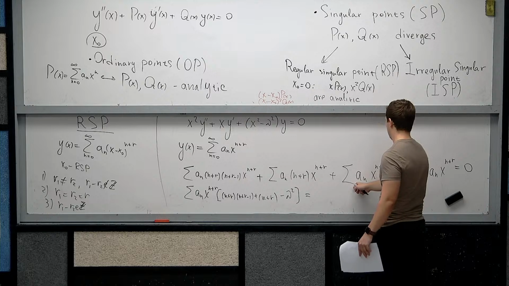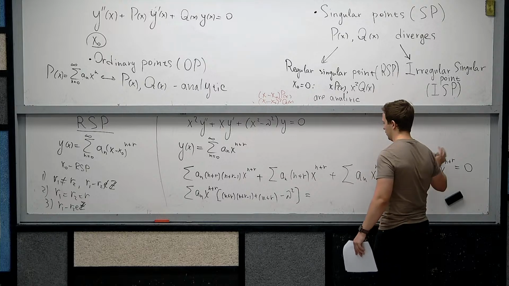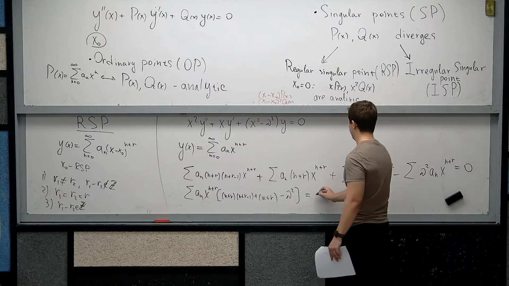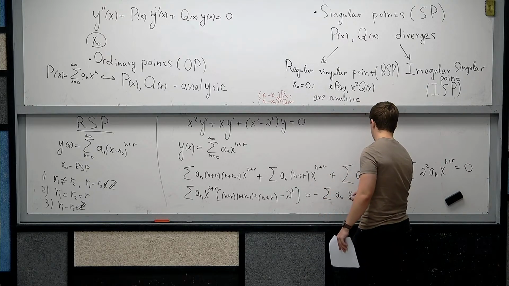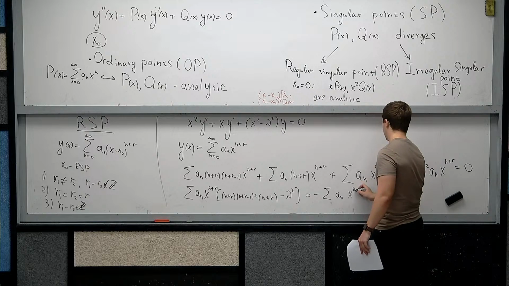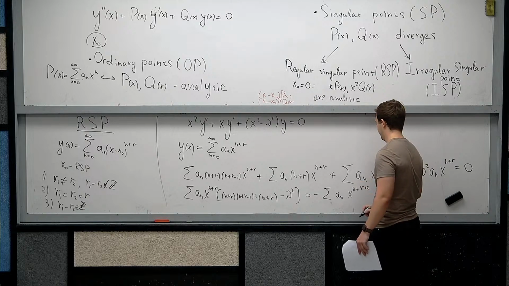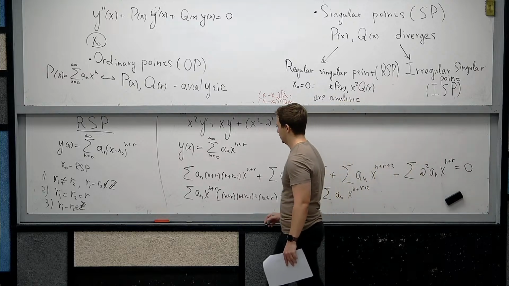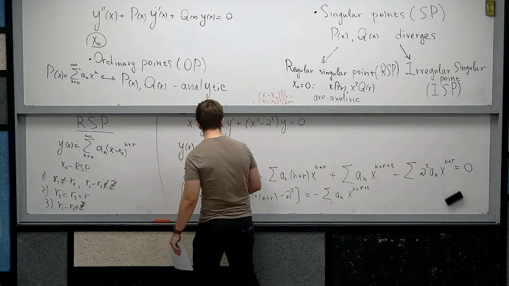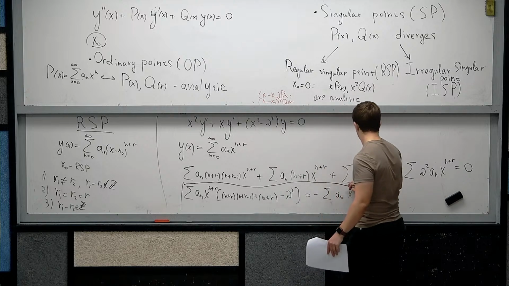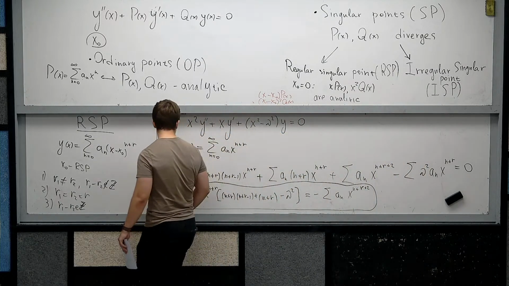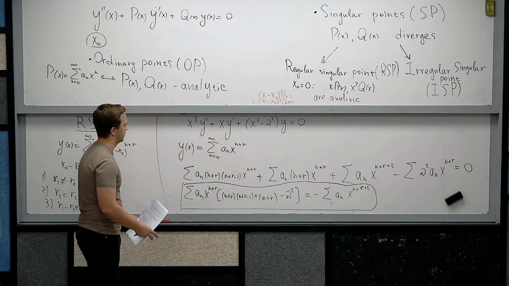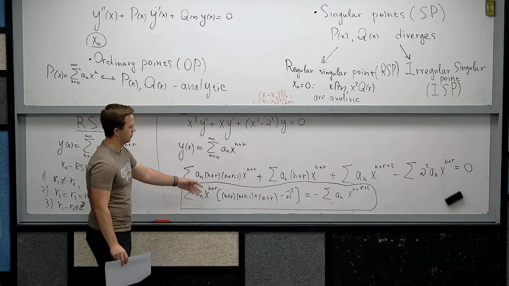And this one I put on the right hand side, so minus a n x to the power n plus r plus 2. This is our equation. Just plug in the solution and obtain this.